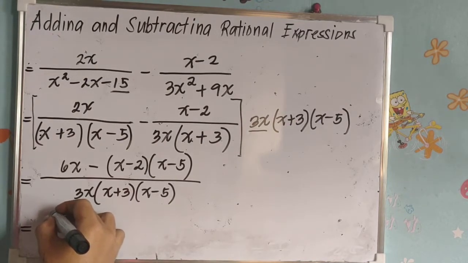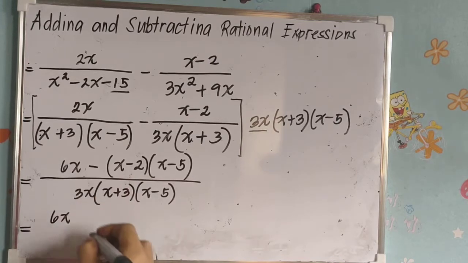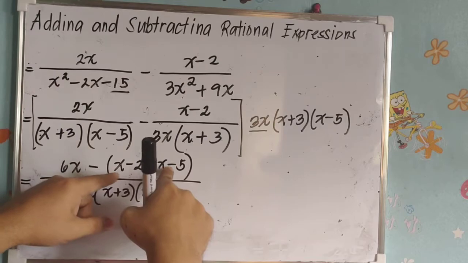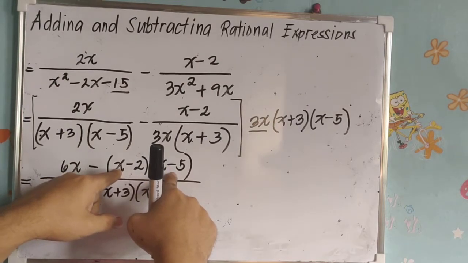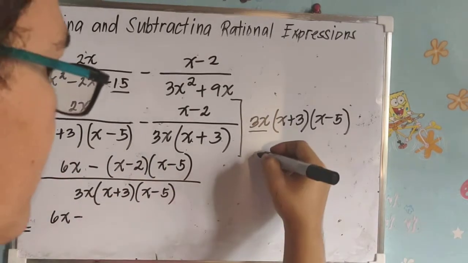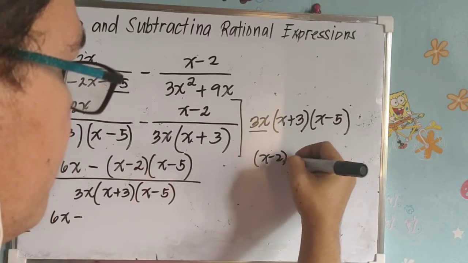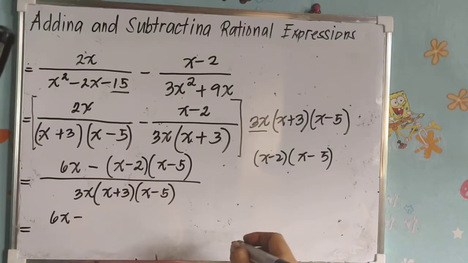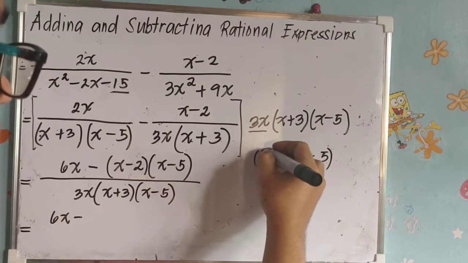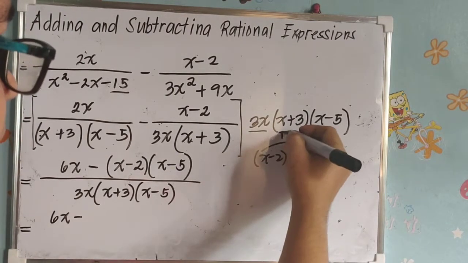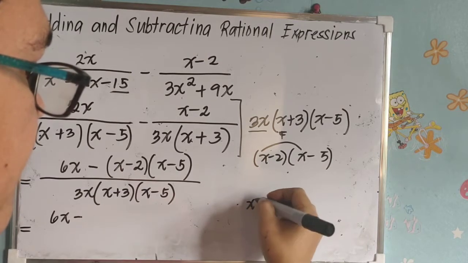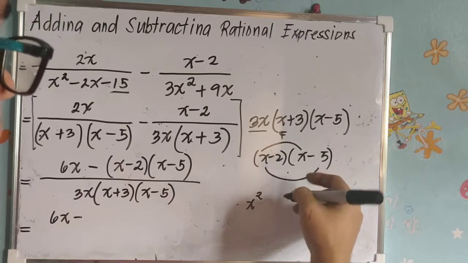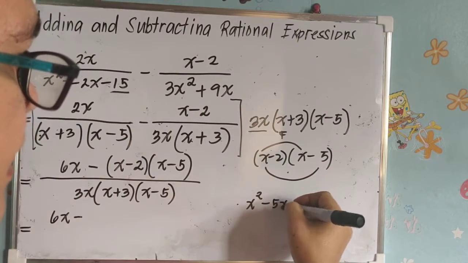Simplifying further, we have 6x minus, so let's simplify the two quantities here first. We have x minus 2 times the quantity x minus 5. So let's use the FOIL method. Multiply the first terms, so we have x squared. The outer terms, x times negative 5 is negative 5x.